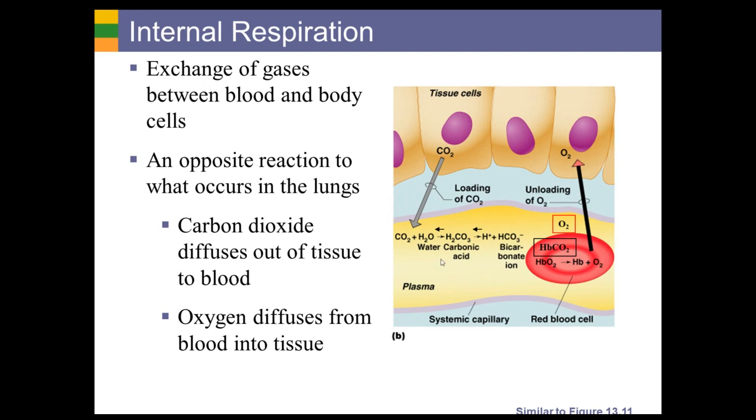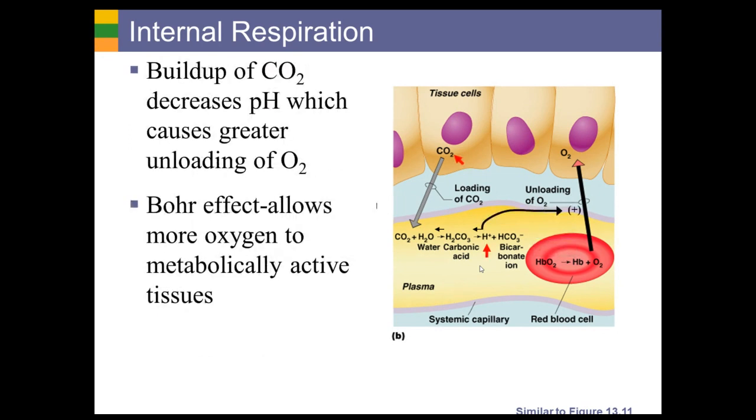Okay. Now, why am I emphasizing that as carbon dioxide levels increase, pH decreases? Well, there is this effect called the Bohr effect. Basically what it does is it helps deliver more oxygen to those tissues that need it the most.